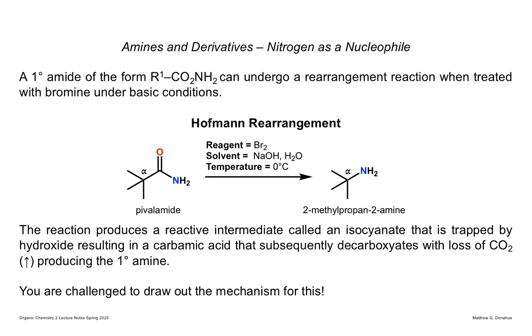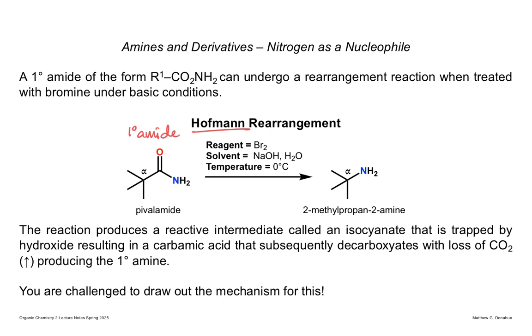So the next two reactions, maybe what I can point out, these are rearrangements. The first one is called the Hofmann rearrangement. And so it's going to start with a primary amide.